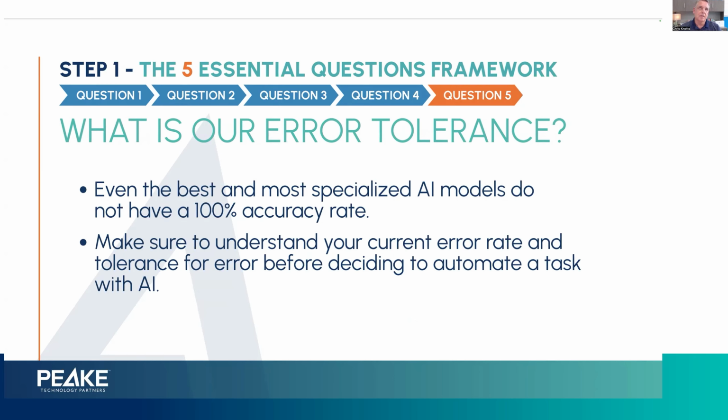So how and where you're using AI in the practice, based on the problem that you're trying to solve, will certainly inform the error tolerance, which will then bring us back to the question of how closely we need to monitor the process as we're going through implementation.